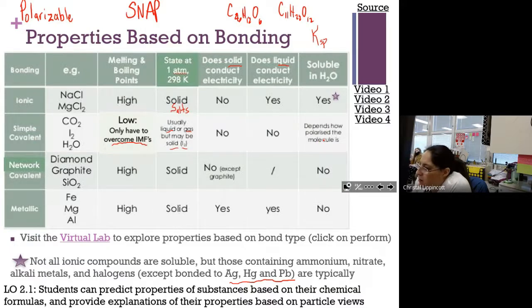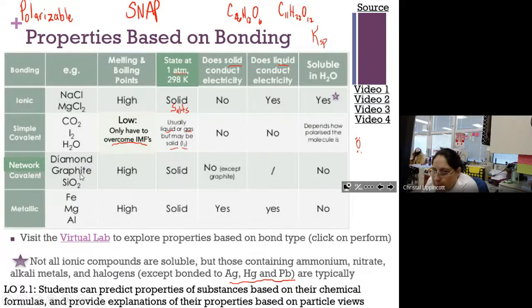It depends on how polarized the molecule is. The more polar a molecule is, the more likely it is to mix in water. So for example, this guy, you're going to have some oxygen that has hydrogen bonding going on with that guy. And that's going to allow your sugar to mix in with water, which makes your Kool-Aid.